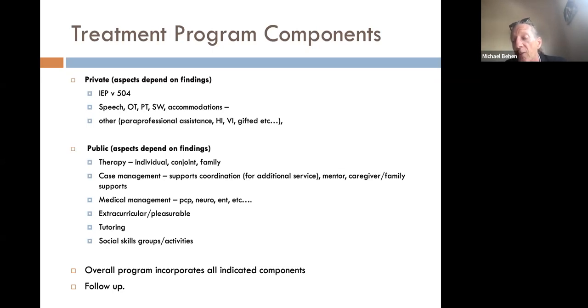The follow-up serves to give us further information about sources and diagnostic clarity, and also tells us what we need to do now, right?